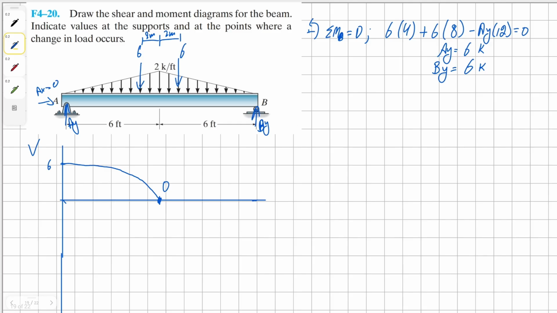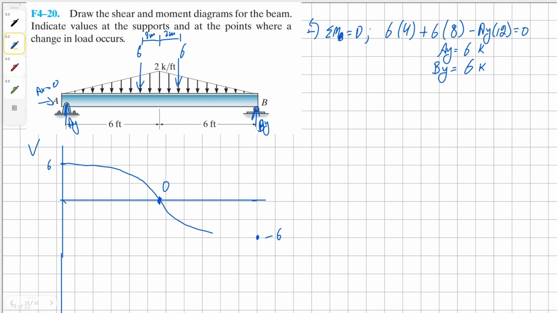Then we have the other half that will bring our shear curve all the way to -6. And in this case, it's negative, but its higher value is on the beginning side, and it also means that our negative is increasing.